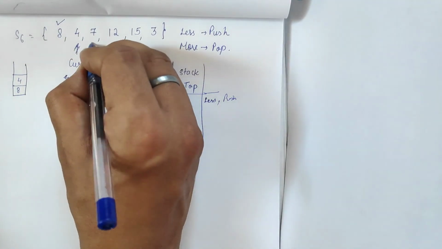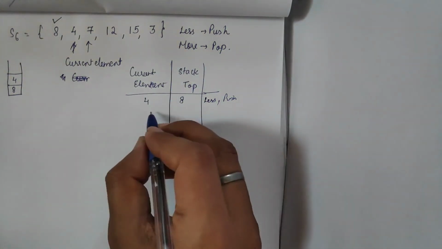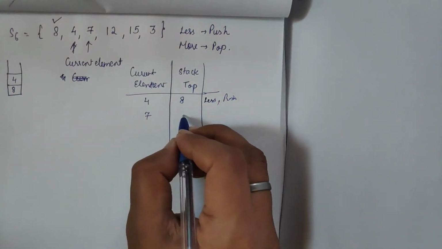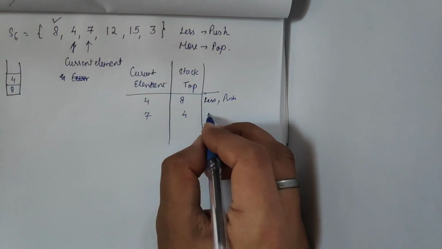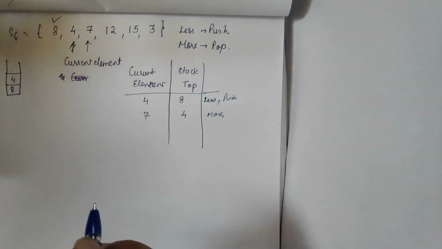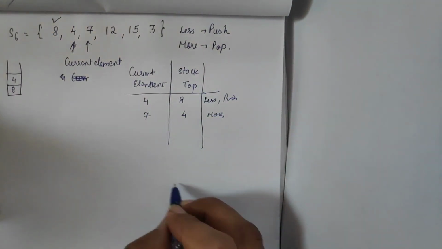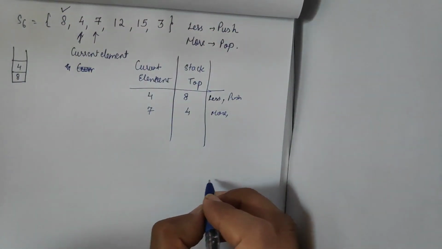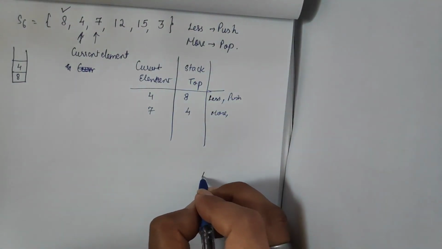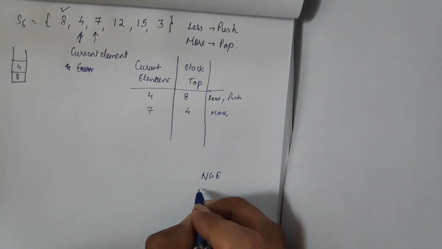Now the current element becomes 7. So current element is 7, right? Stack top is 4. So what we do, when it is more, we pop, and this is our list. Let us make this list here. The list will be next greater element, right?